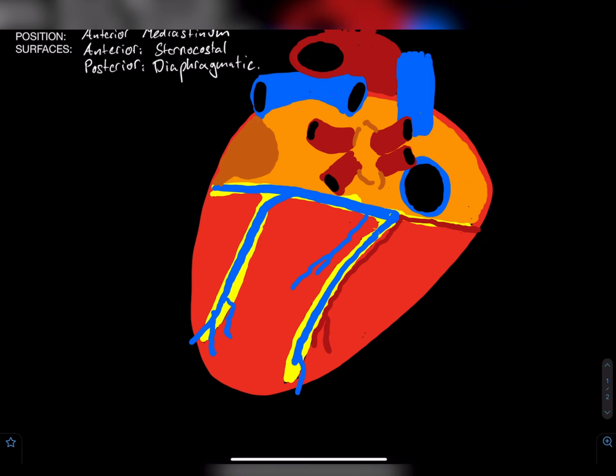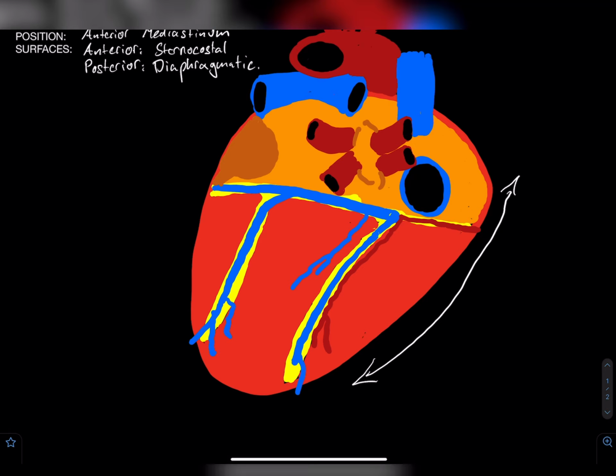Good. Now, first of all, we don't have to mirror the image of our heart anymore, because we're looking at the posterior aspect, so everything on the right of you will actually be on the right, and everything on the left of you will also be on the left. Again, we have the two margins, now they are switched.